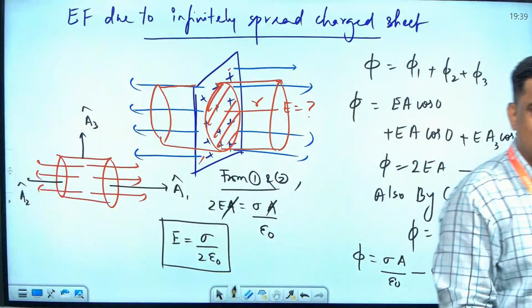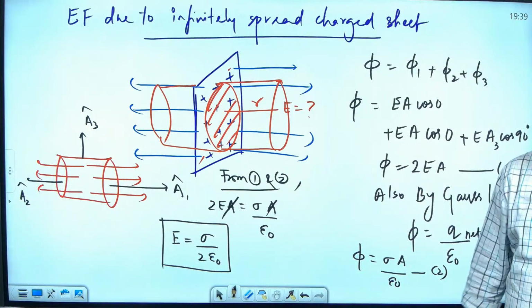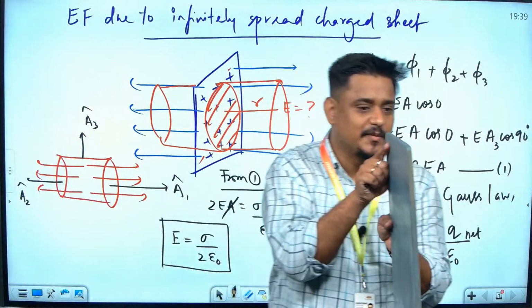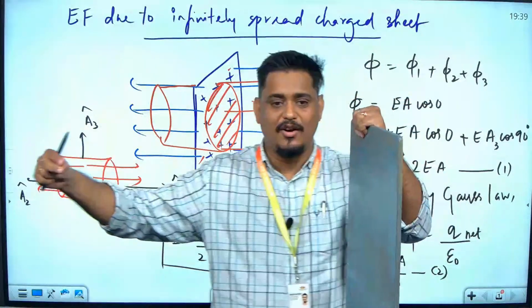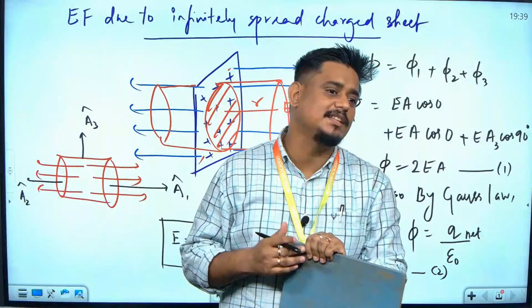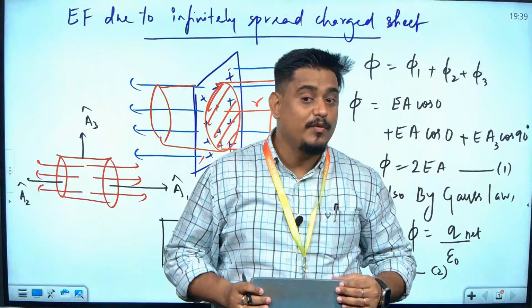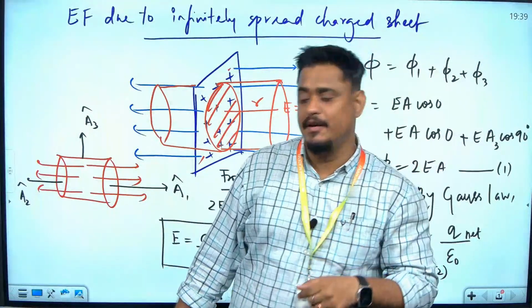You know what? There is no R here. So, if I am having a charge sheet, I am going to this point, this point, this point, or this point, electric field remains same. That is why we are using charged sheets to create uniform electric field.